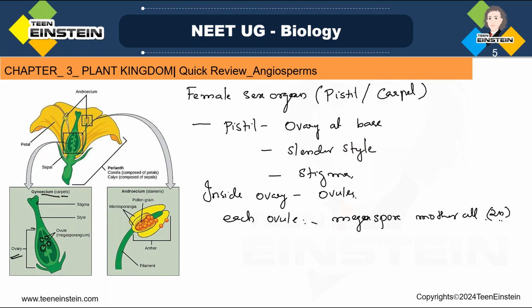This megaspore mother cell will undergo meiosis, and that produces megaspores. These megaspores are haploid, again n number of chromosomes, a single set of chromosomes. So the female sex organ pistil consists of an ovary at the base, above that a slender style, and at the tip the stigma.